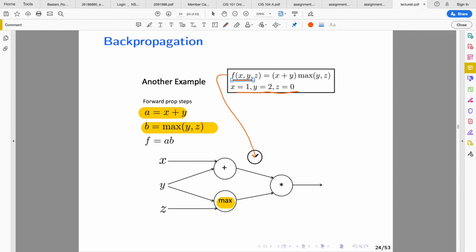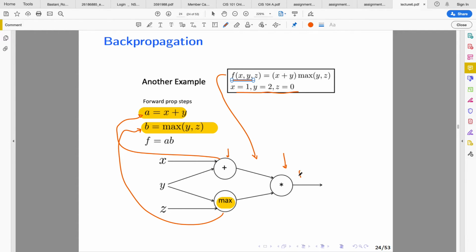To transform this into a computation graph, it looks like this. x and y, we do a plus, and y and z, we do a max. Then the results, we do a multiplication. So we can assign the plus to a as an intermediary variable, and the max we can assign to b as an intermediary variable.